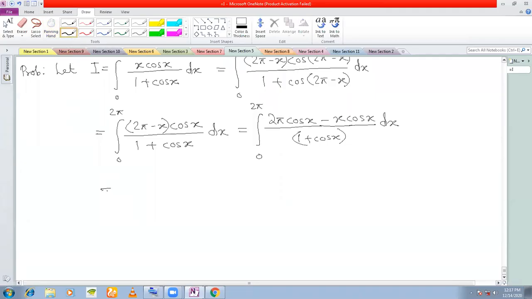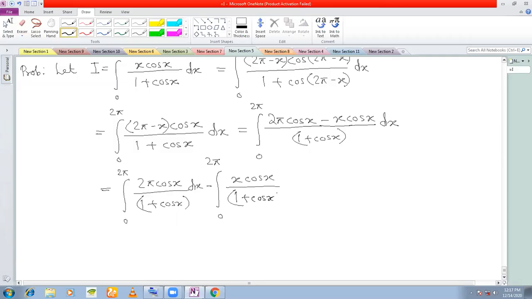What are those integrals? You can split this integral as integral 0 to 2 pi, 2 pi cos x by 1 plus cos x, minus integral 0 to 2 pi, x cos x by 1 plus cos x dx.